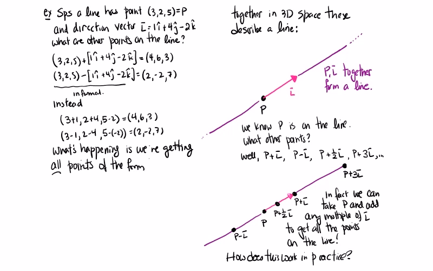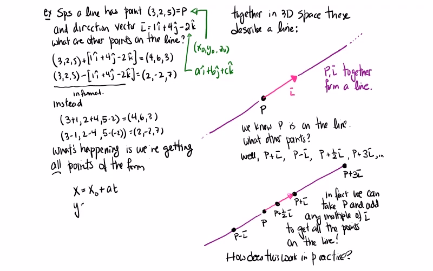So remember how this works. Let me just point something out here. Back at the beginning of the problem, this P right here was our (x0, y0, z0), and this L right here was our ai plus bj plus ck. So what we're doing is getting a bunch of new points. We're getting points of the form x0 plus some multiple of a, so let's say at.